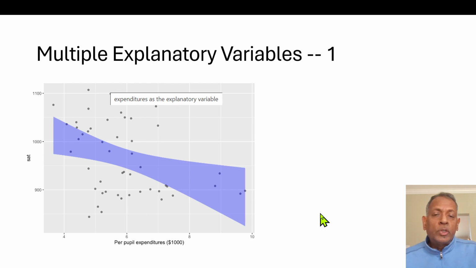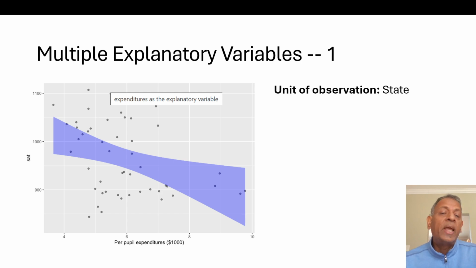Okay. Now, of course, the relationship they saw was that the states that seem to be spending more per capita on students were actually having lower average SAT scores. So they actually saw this to say that somehow spending more money on school education causes the states to have lower SAT scores.